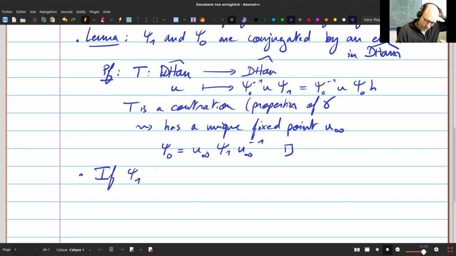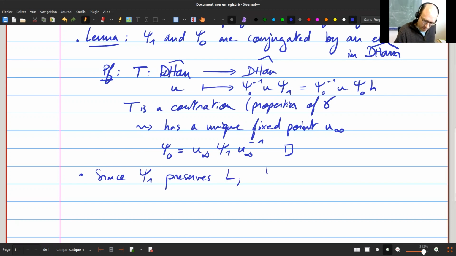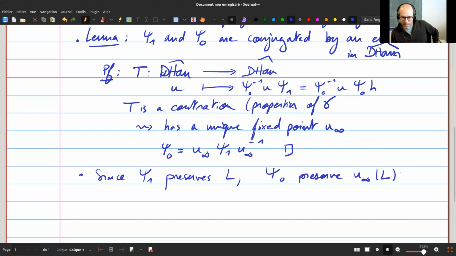Since we know that psi 1 preserves L, then obviously psi 0 will preserve the image of L under U infinity.